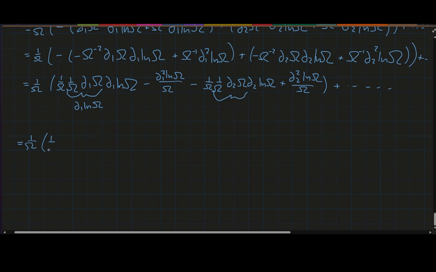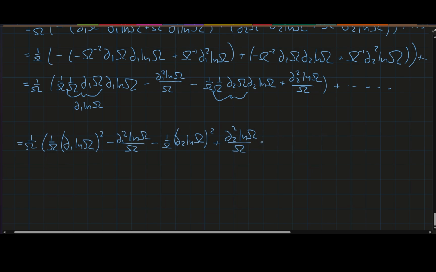We get 1 over omega times del 1 ln omega, and this is squared, minus del 1 squared ln omega over omega, minus 1 over omega del 2 ln omega squared from that same trick, del 2 squared ln omega over omega.